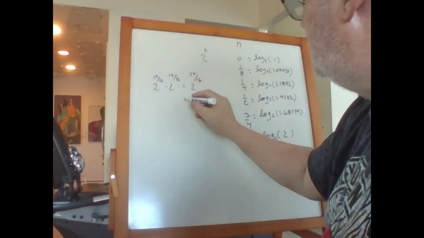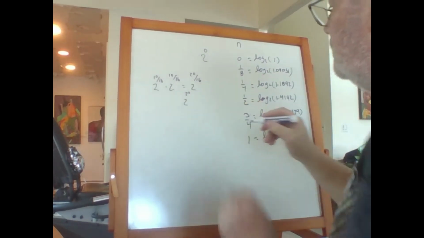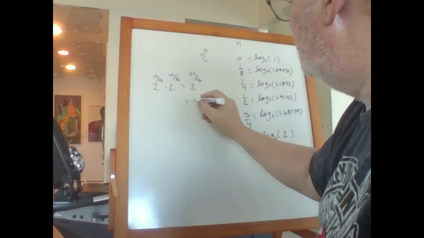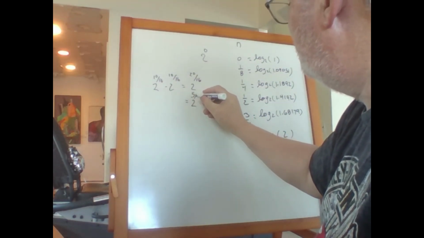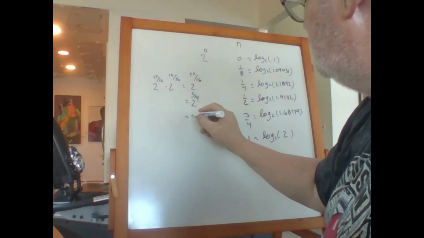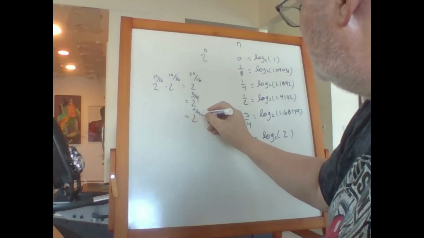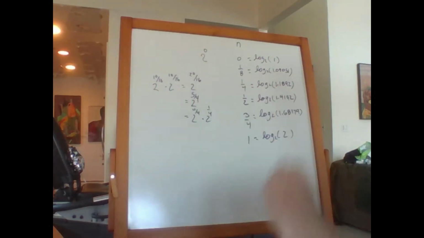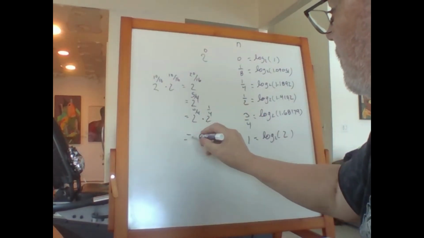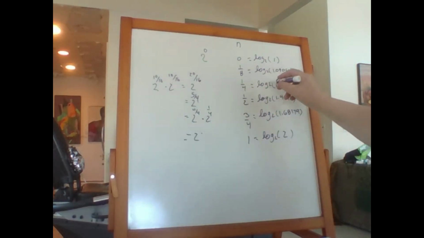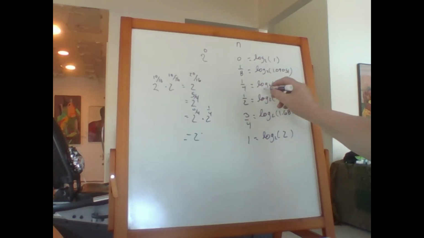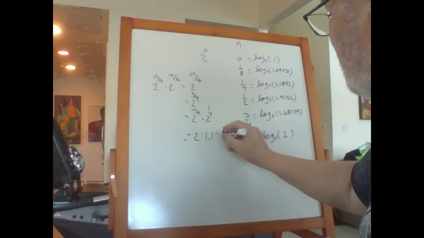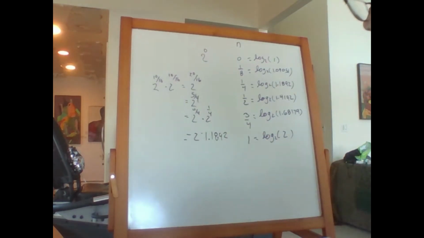And 2 to the 20/16, if we divide by 4, is equal to 2 to the 5/4, and that's equal to 2 to the 4/4 times 2 to the 1/4. And we have that number. 4/4 is just 2 times, and the 1/4 was 1.18, so it is 1.1892.